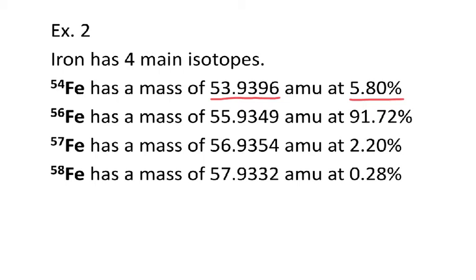Iron 56, there's that atomic mass, and here's the percent abundance. So we have the mass and the abundance of each of the 4 isotopes. So we're not going to use the mass number in the calculation. We're going to use the actual atomic mass of each isotope, and this way we'll probably get a much closer number.